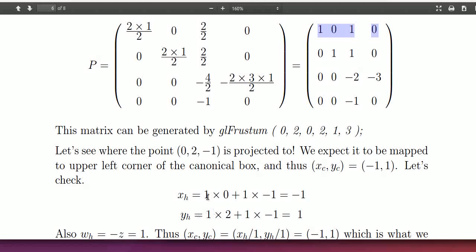So we have 1 times 0, plus 0 times 2, plus 1 times negative 1, it is negative 1. And then for yh, we use the second row. So we have 0 times 0, and then 1 times 2, and 1 times negative 1, and then 0 times 1. So this is negative 1. That is what we expected. So that's correct.